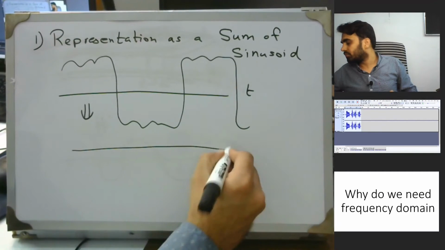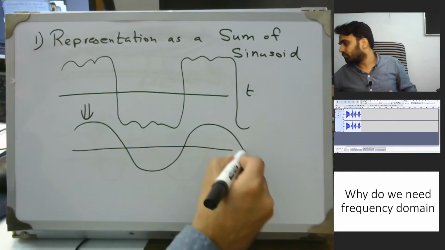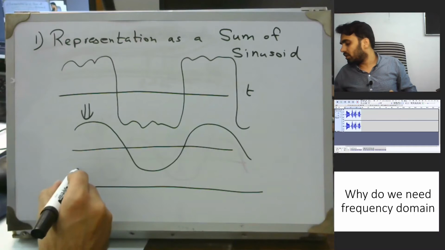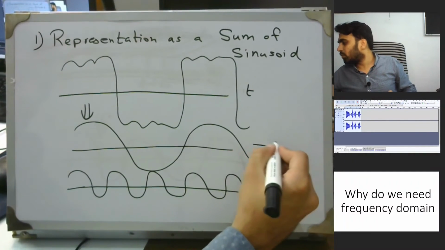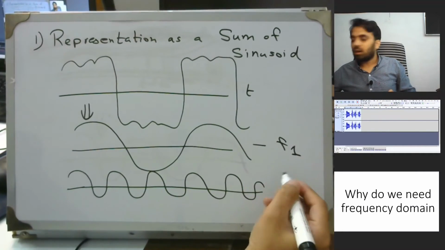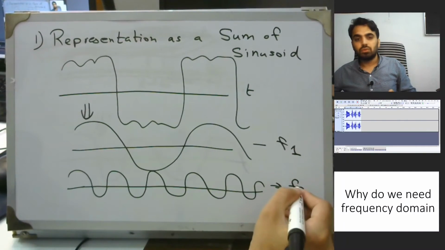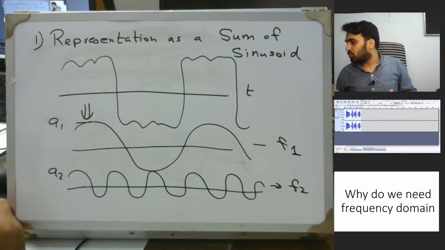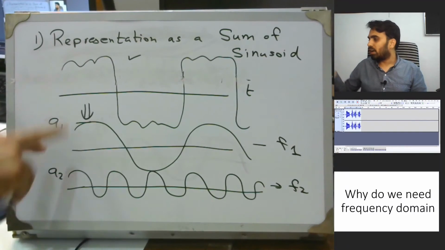That is, you can have a low frequency, and then a high frequency component. Say this is operating at f1, and this is operating at f2. This has an amplitude of a1 and this has an amplitude of a2. If we add these two signals together, we would have a third signal.